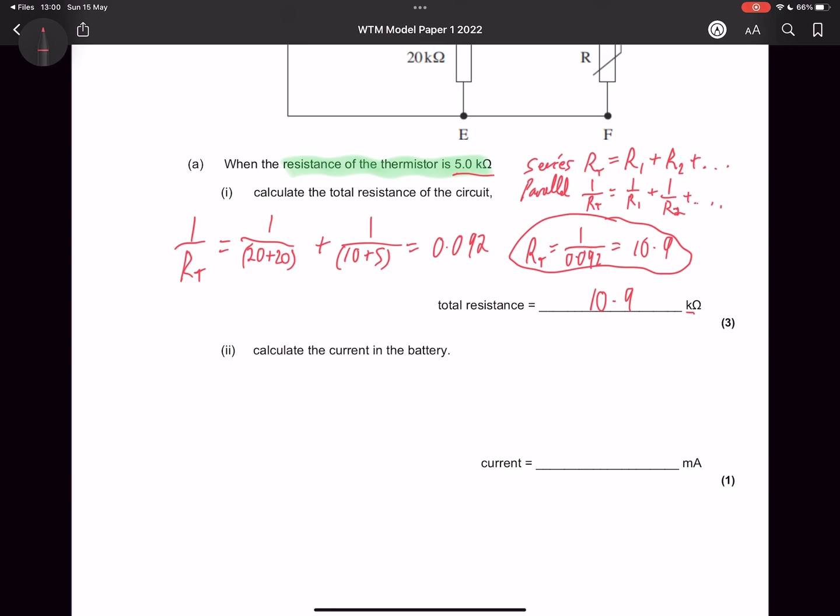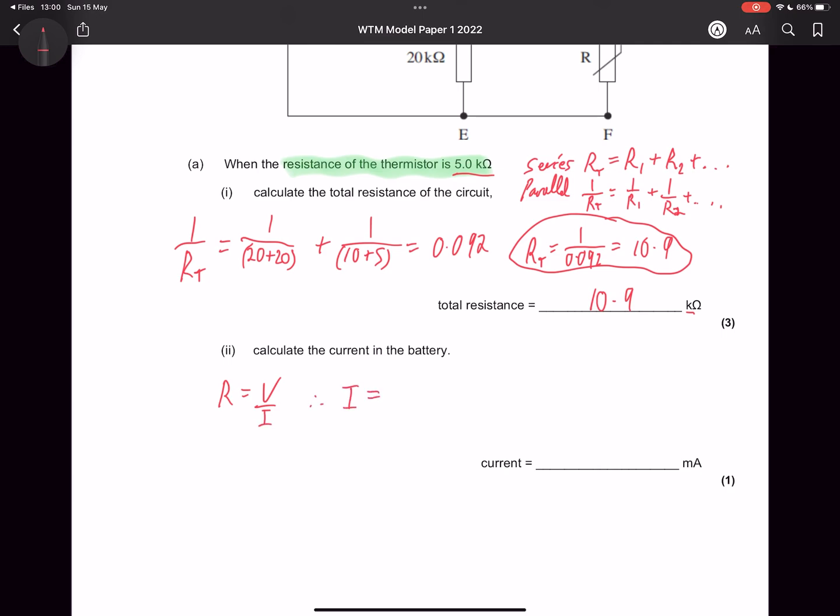For the next one, we have a current calculation, and it is 1 mark after that 3 marker. So this is likely to be something very simple. As we've just found the total resistance in the circuit, we can just use VIR in the simplest form.